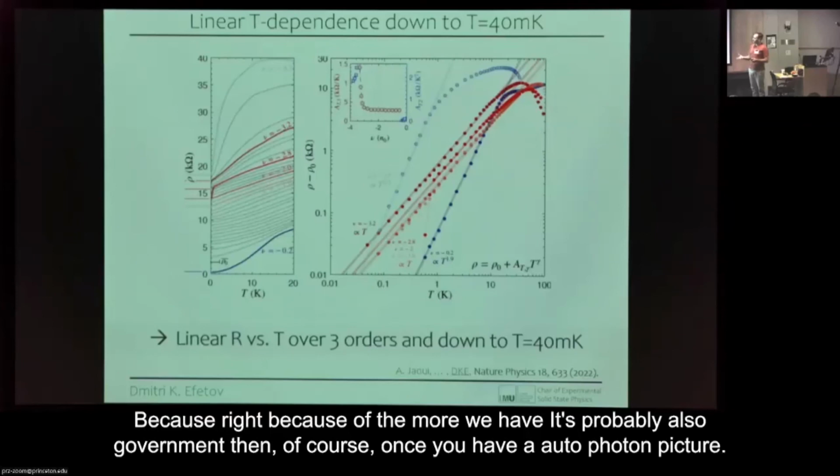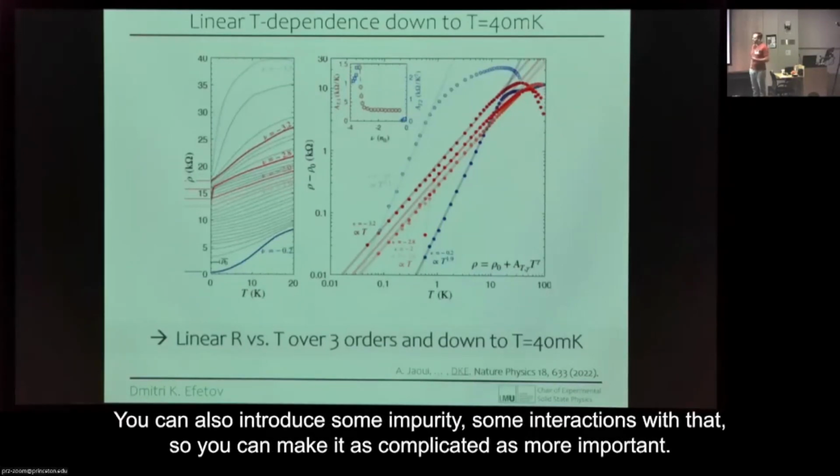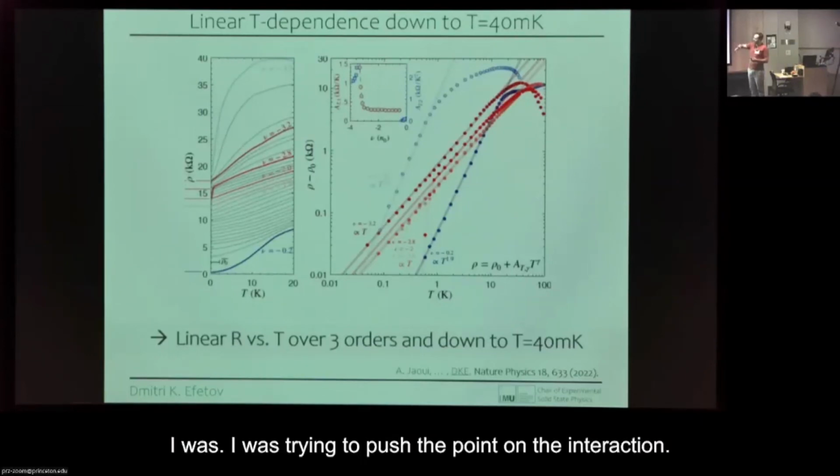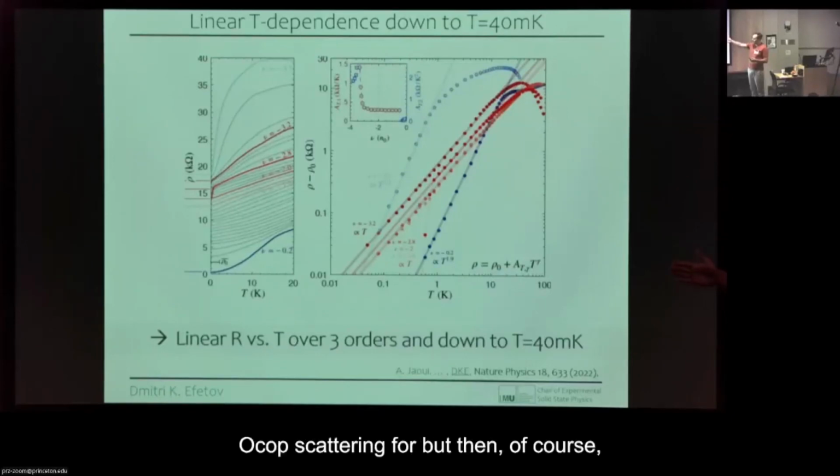Then, once you have an electron-phonon picture, you can also introduce some impurity and electron-impurity-phonon scattering processes. Maybe you can throw in interactions on that. So you can make it as complicated as you want, and of course, we didn't. What I can say is we couldn't fit it with the normal single-layer electron acoustic phonon interaction. We couldn't fit it with Umklapp scattering for twisted bilayer graphene.